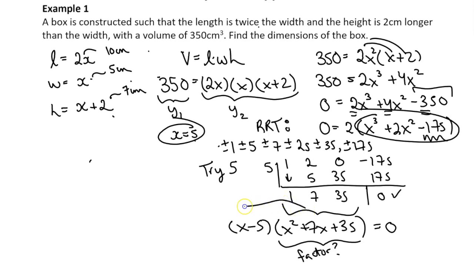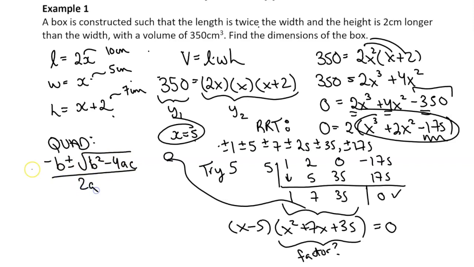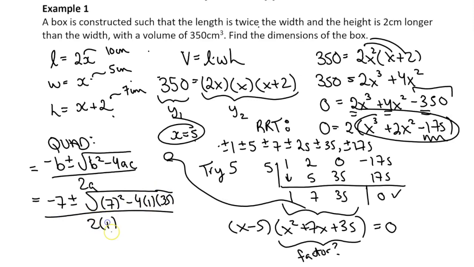And if you wanted to test out what additional options could work for that, you have to throw it into the quad. So you could use your negative b plus or minus the square root of b squared minus 4ac all over 2a to see if potentially there might be more answers than just x equals 5. And so when you enter that into the quad, you would get negative 7 plus or minus the square root of 7 squared minus 4 times 1 times 35 all over 2 times 1.